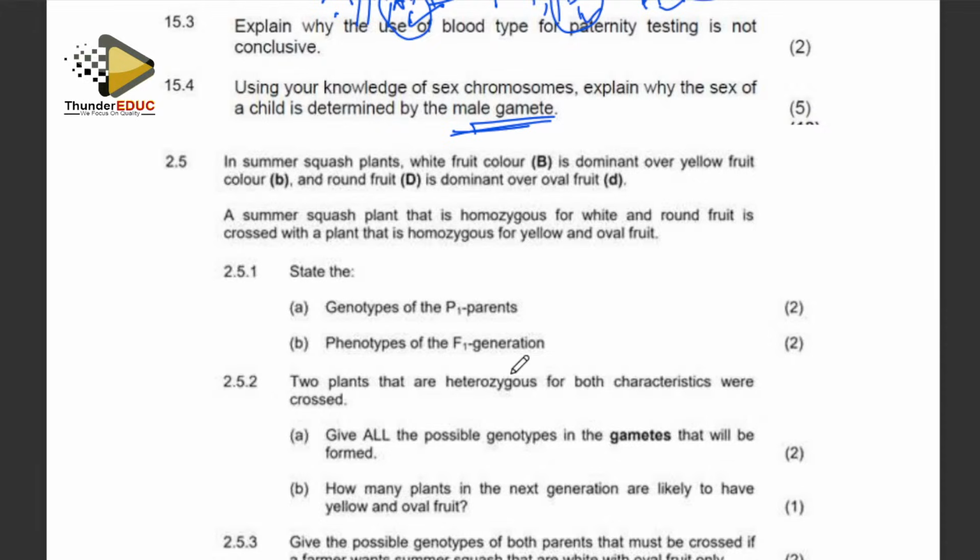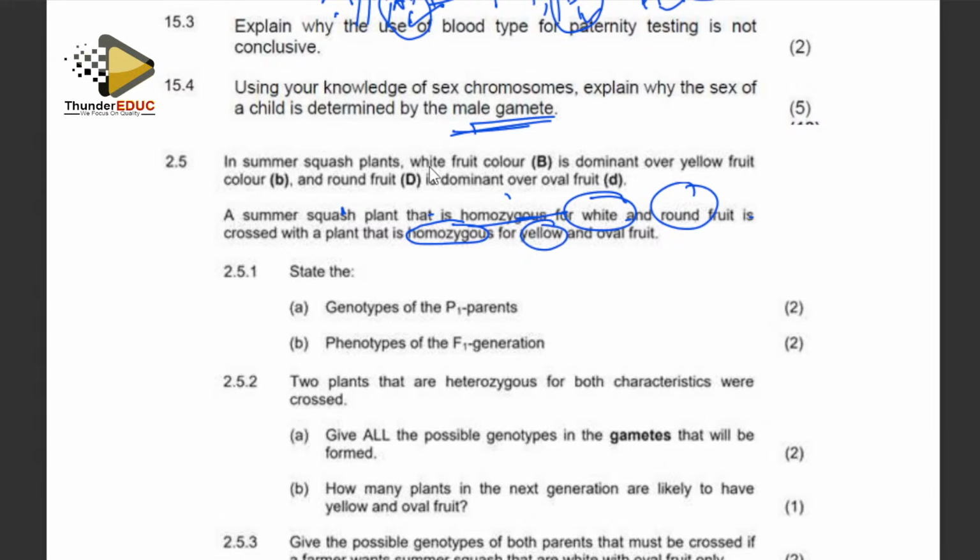Okay, we go to the dihybrid cross. Remember, in the dihybrid cross, sometimes we bring a table for you, but in this case, I didn't bring a table. A summer squash plant that is homozygous for white and round fruit is crossed with a plant homozygous for yellow and oval.